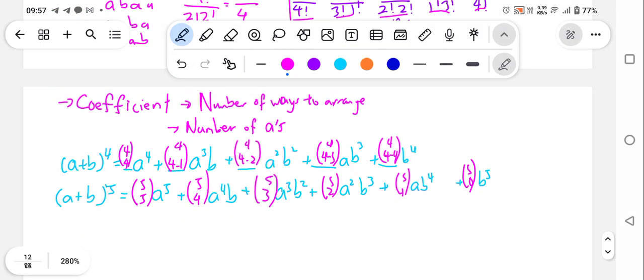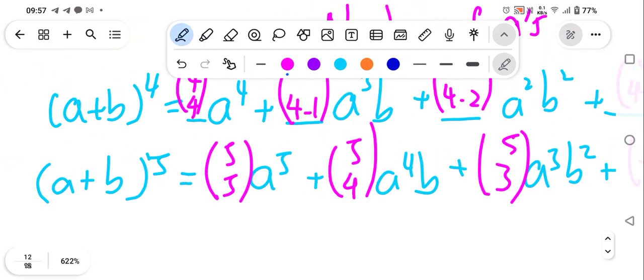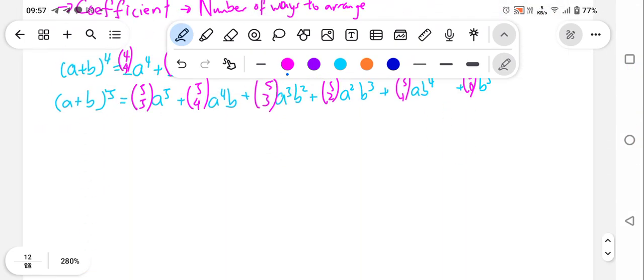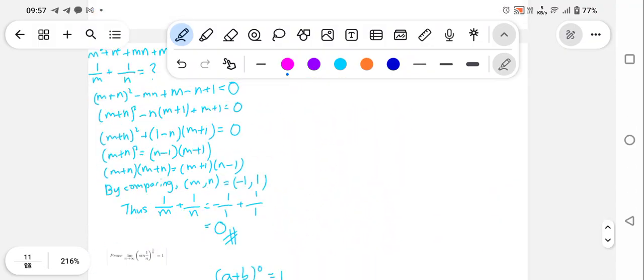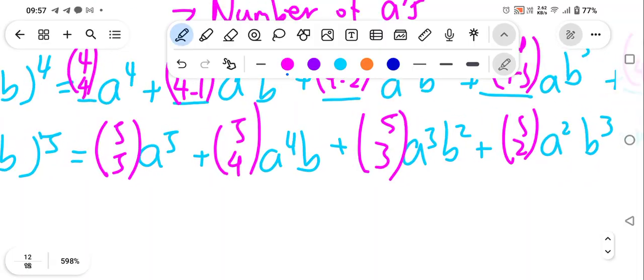So what's interesting is we can generalize this formula. So this is called the binomial theorem. What is the binomial theorem? Among what we just did, we are trying to express the binomial theorem by finding the terms logically.